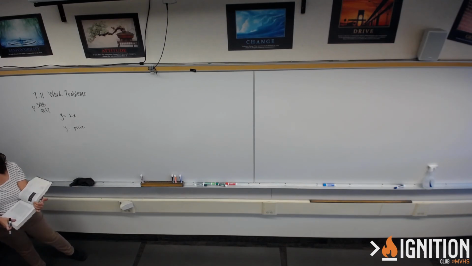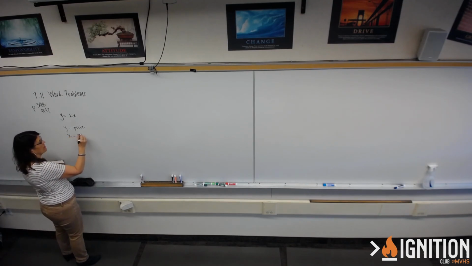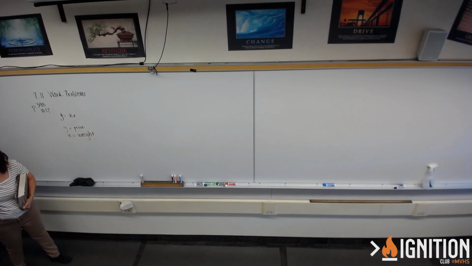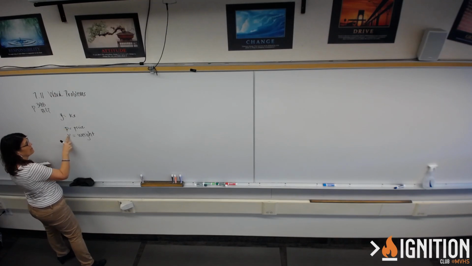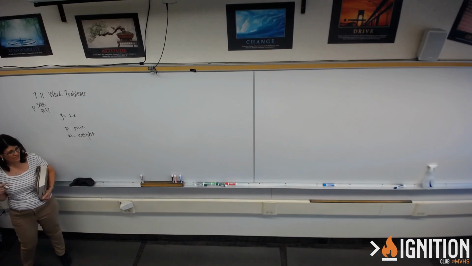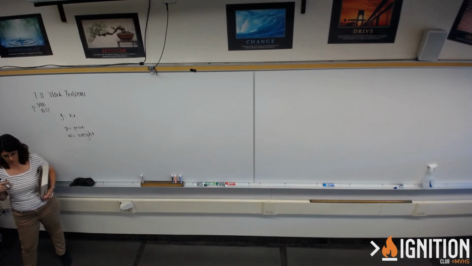What's x? Weight. Okay, so I'm going to change this and you're not going to like it. I'm not using y. I'm using p for price, and I'm using w for weight. Do you have to? No, but you should. You need to get used to using different variables besides x and y. We need to give the other variables a chance.